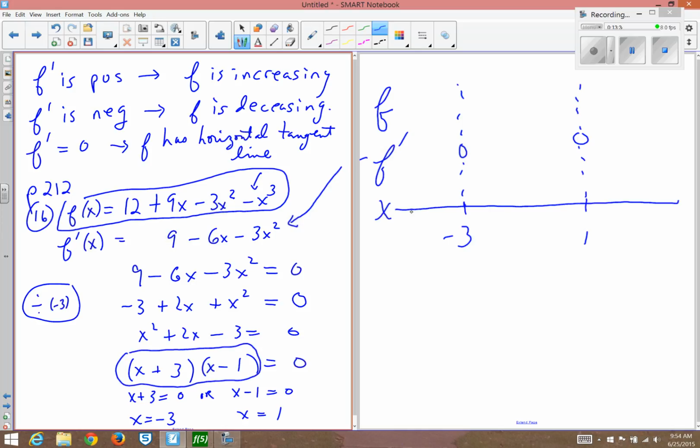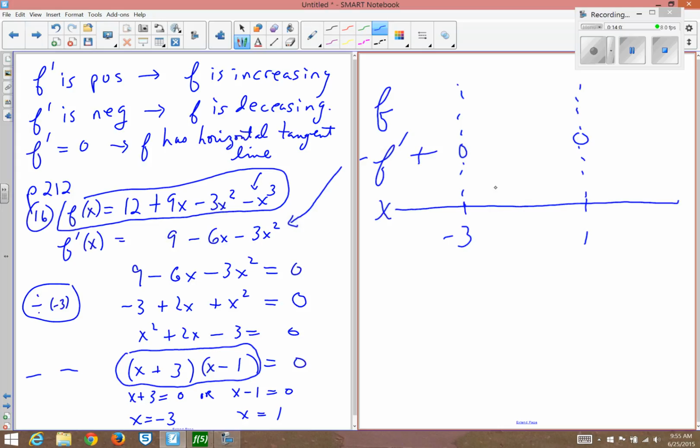When x is -4, -4 plus 3 will be a negative, and -4 minus 1 is also a negative. And when these are multiplied, a negative times a negative, we get a positive. So we just plugged any number to the left of -3 into f prime, and we see that we get a positive number. Pick any number in this interval from -3 to 1.